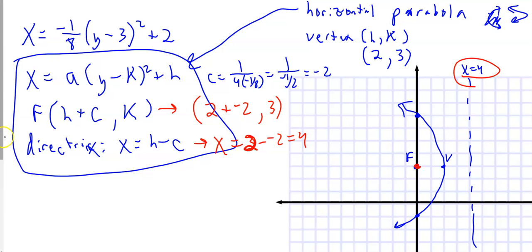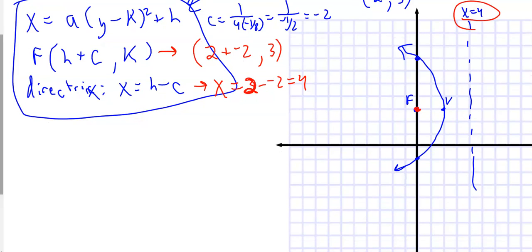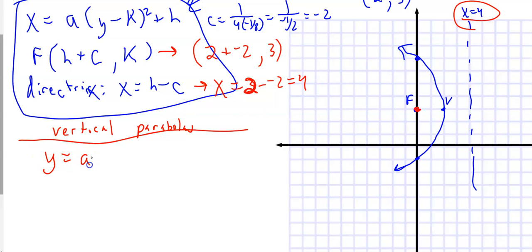Okay, let's write down the formulas for vertical parabolas. It's the only thing we don't have yet. So you've seen this formula before: y equals a times (x minus h) squared plus k. Our focus formula will be h comma k plus c.